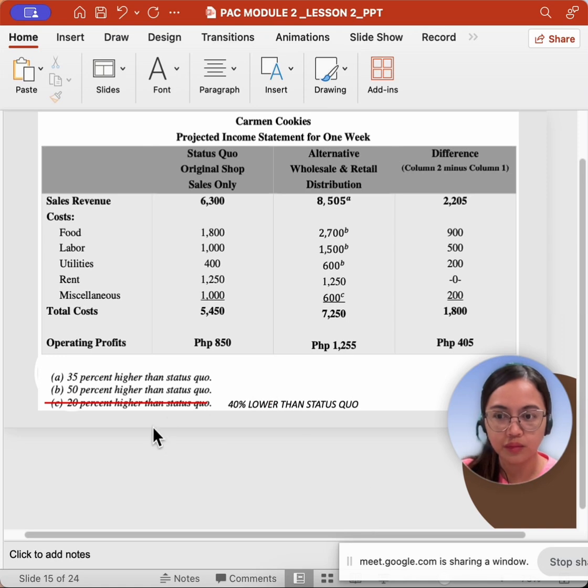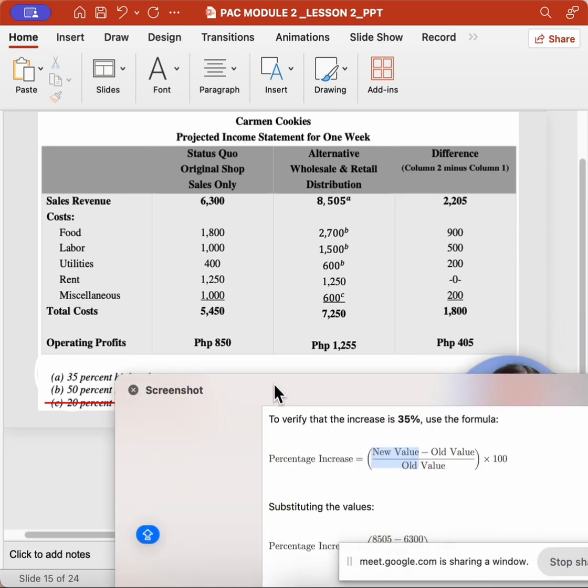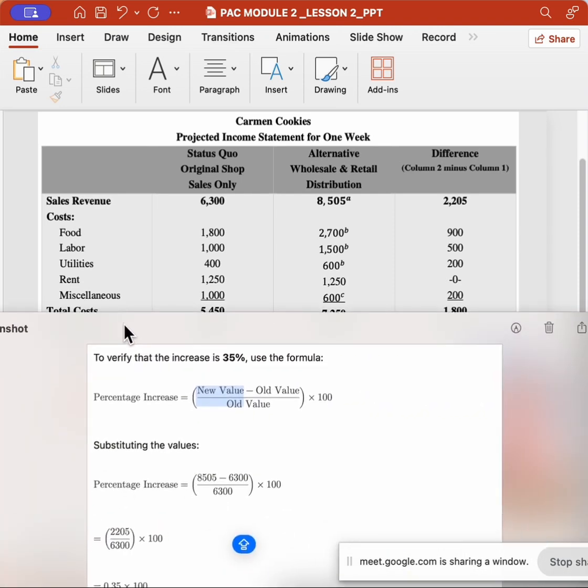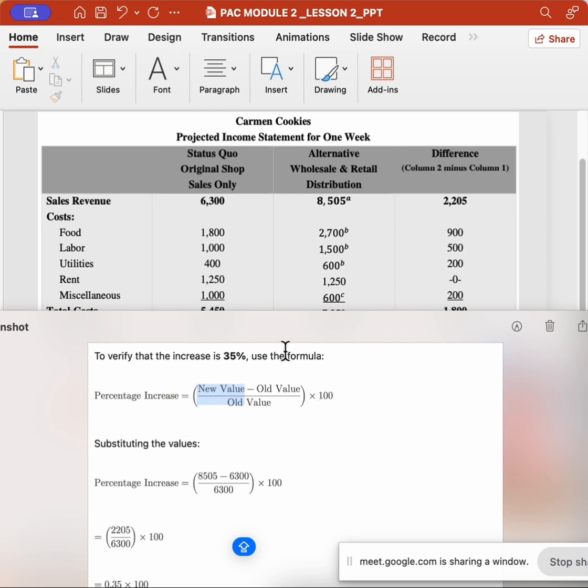So how can we solve for 35%, 50%, and 40%? So the formula would be like this. Percentage increase, to solve for the percentage increase or percentage decrease: the new value less the old value divided by the old value.